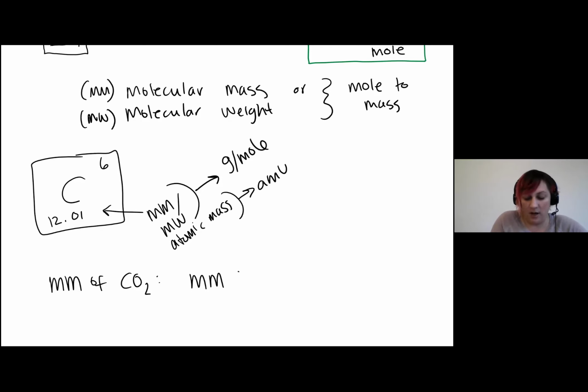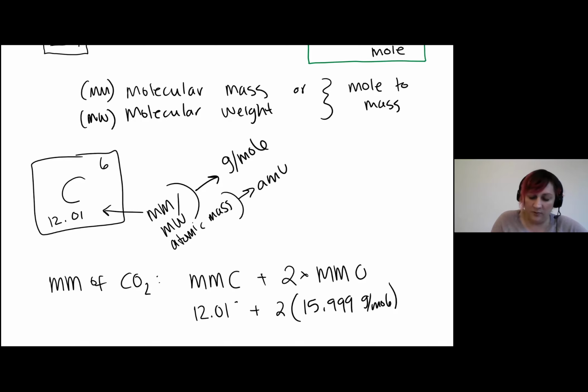So if I wanted to know what the molecular mass of CO2 is, I would take the molar mass of carbon and I would add it to 2 times the molar mass of oxygen. So it would be 12.01 plus 2 times 15.999 grams per mole. I'll put grams per mole over here too. That 2 is coming from this mole ratio that's within our chemical formula right here.